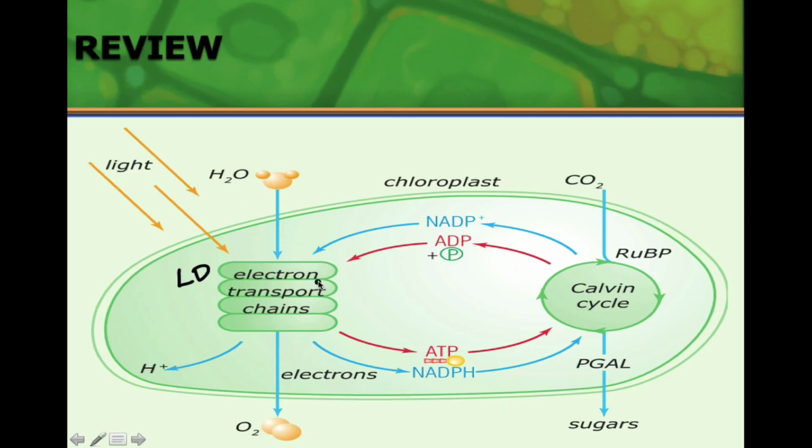We have light and water being taken in and having those electrons go through the electron transport chain in order to produce ATP and NADPH, which will then be used along with carbon dioxide here to produce that PGAL, which will be used to make the sugars here. And again, from the light-dependent reaction, that oxygen is released. So here's the overview of photosynthesis.